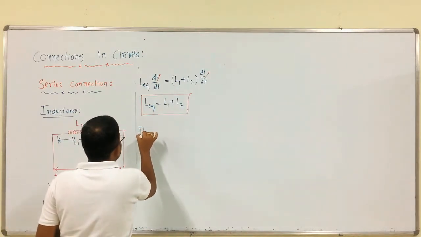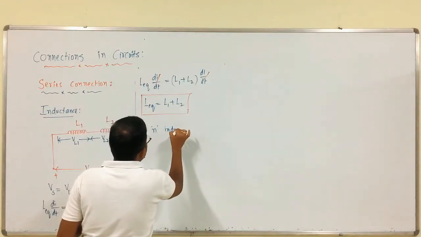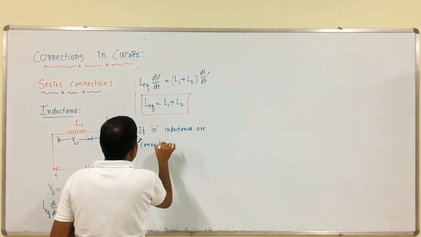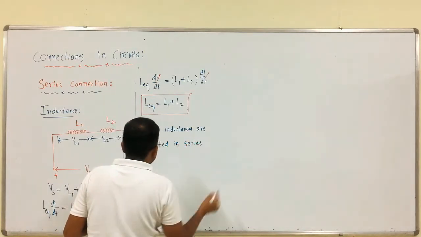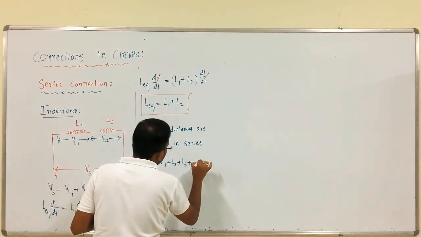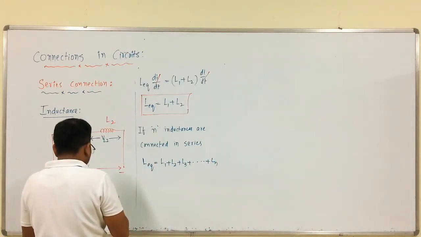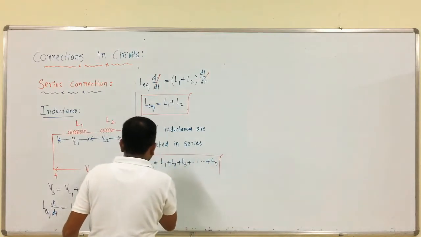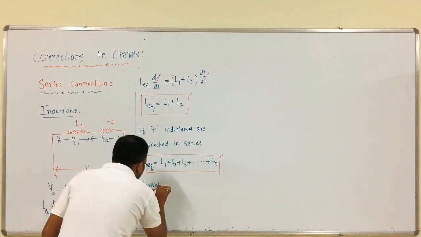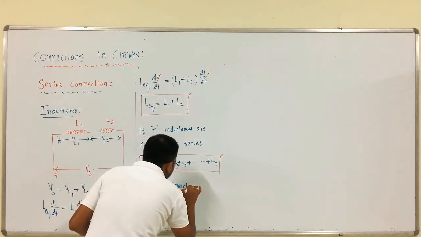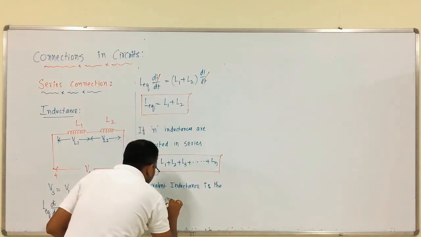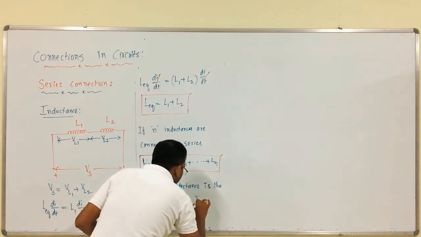Same as in this case, if n inductances are connected in series, L equivalent is equal to L1 plus L2 plus L3 up to so on Ln, which is nothing but the equivalent inductance is the sum of individual inductances.